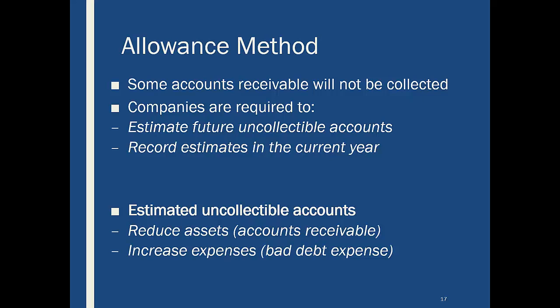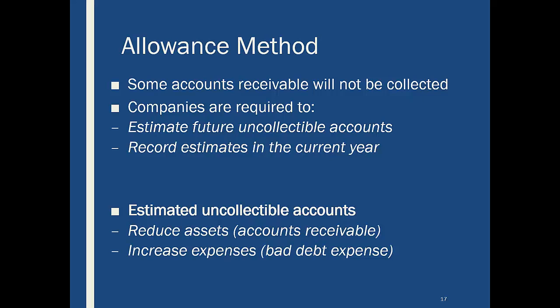So we call that our bad debt expense. So the accounts receivable we don't expect to collect, then we need to reduce our assets, in other words, our accounts receivable, by the amount that we have estimated that we think we are not going to collect. And that also increases our expenses, called bad debt expense, which is simply the cost of doing business.